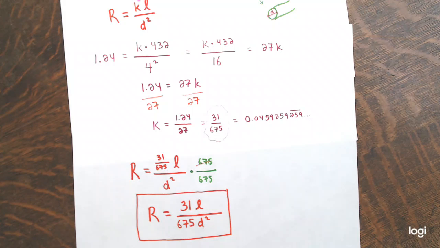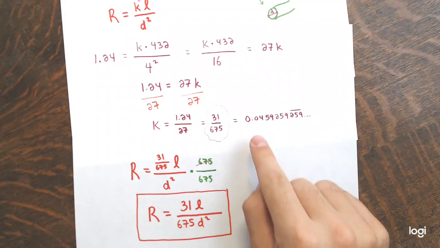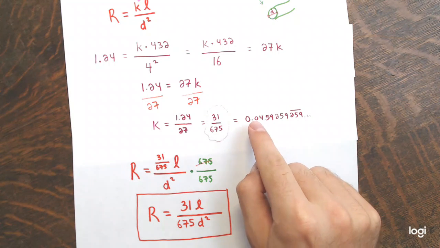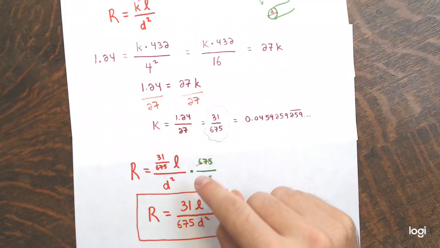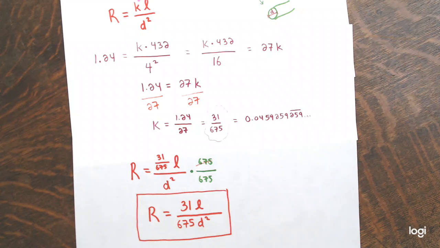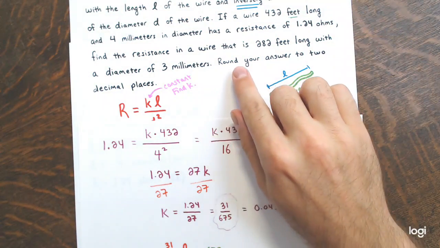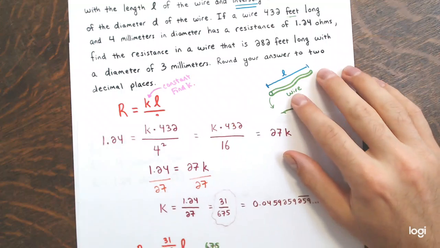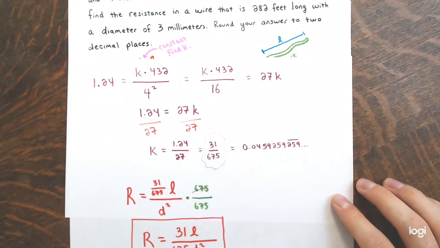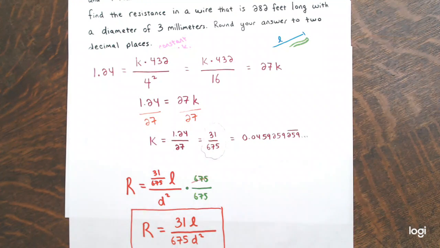Great. And now that I have this equation, we can punch in our values. Now notice I didn't round. I didn't use like 0.04 or 0.05. I didn't round the value of k. The reason for that is because they asked me to round the answer at the end. I'm asked to round my answer to 2 decimal places when I find this resistance. And the more you round throughout a problem, the worse the accuracy gets.